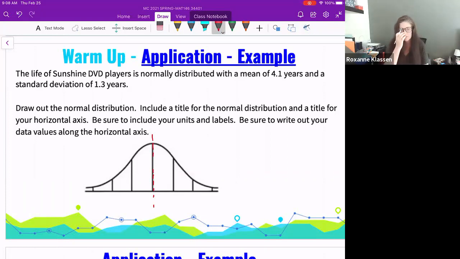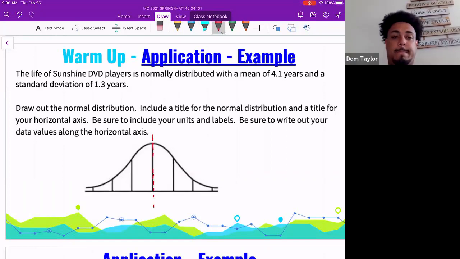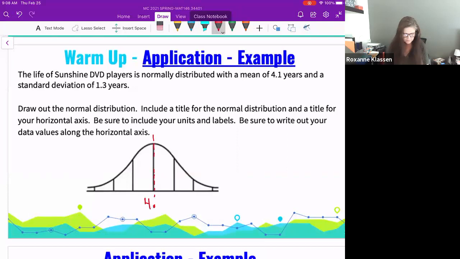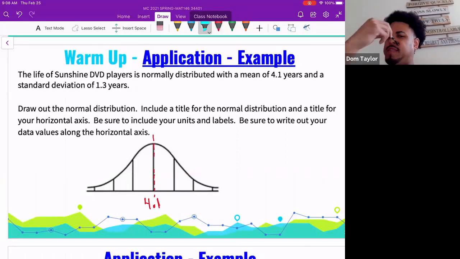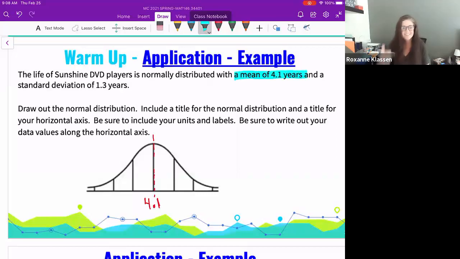What did you label that middle line? 4.1. Very nice. Why 4.1? Because it's the mean of the data. So the mean. Very nice. Good job, Dom. Yep. So the mean is the middle of the normal distribution. So you labeled it 4.1. Okay.